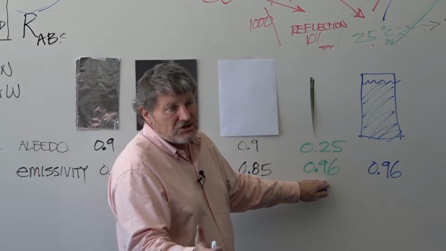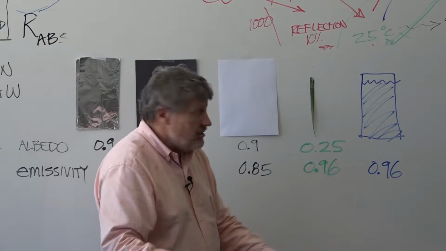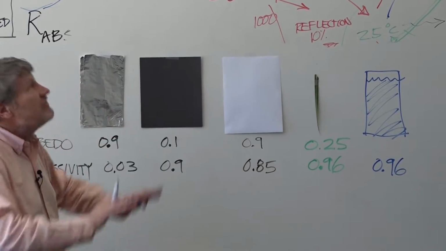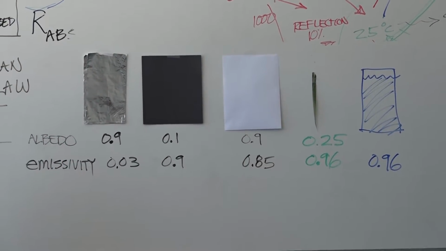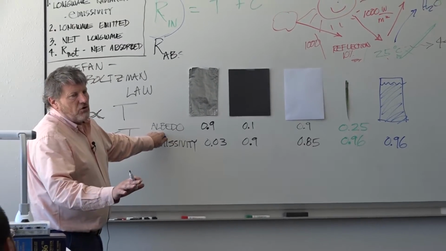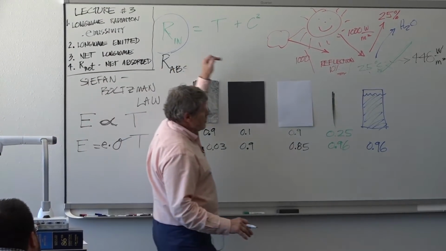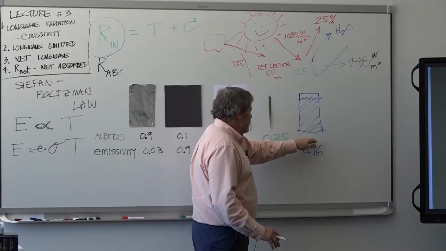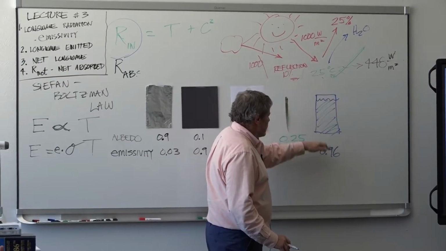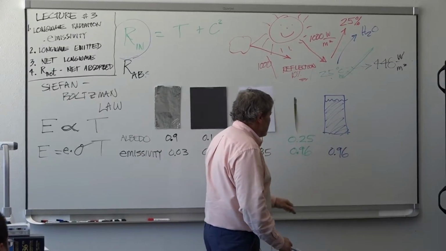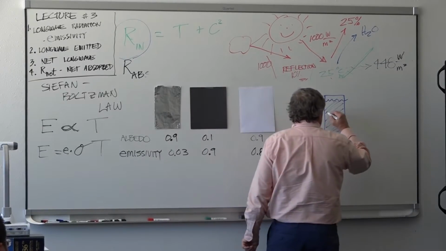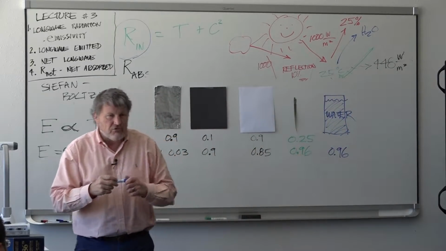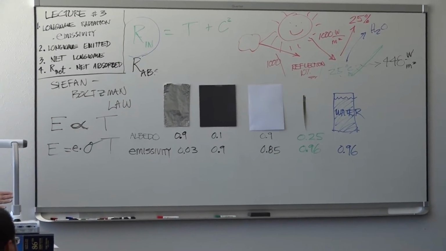And this is why biological objects that are full of water, like our skin, have very high emissivity. Things that are hydrated and wet effectively emit long-wave radiation. The albedo of water depends a lot on sun angle. If it's low sun angle, you get glare and a lot of reflectance. And it depends on how clear the water is. I'm not going to put a number in here for albedo, but the point is water is a really effective emitter of long wave.